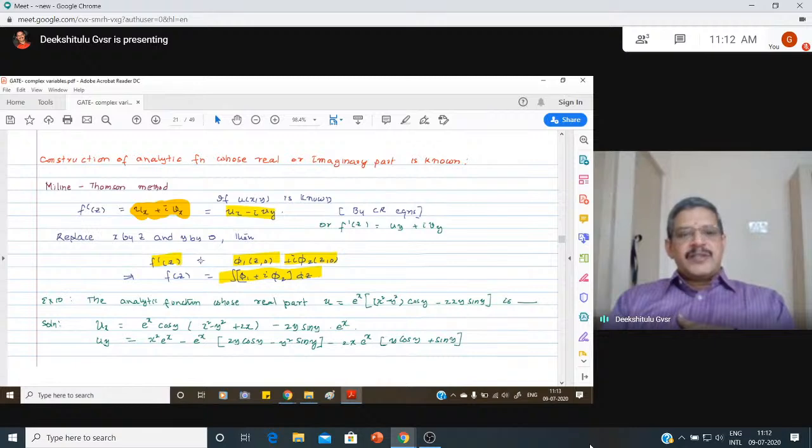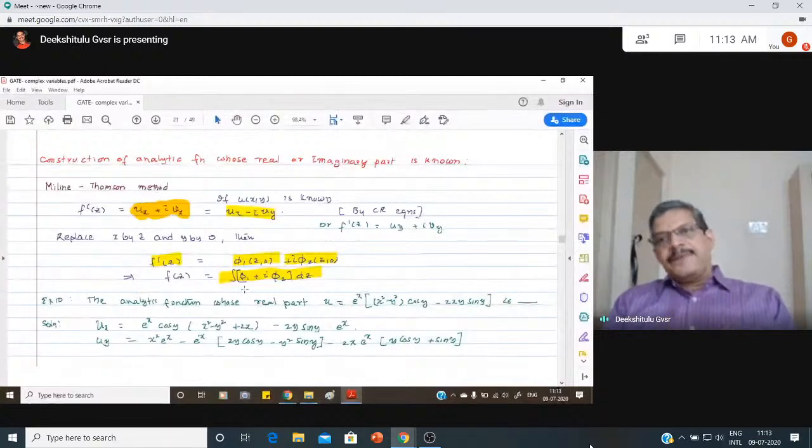What we get is f dash z equal to, call this phi 1 of z comma 0 and this is phi 2 of z comma 0. So f dash z, these are functions of z only, so f of z can be obtained by simply integrating this. This method is called the Milne-Thomson method.